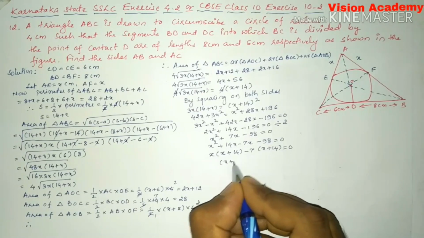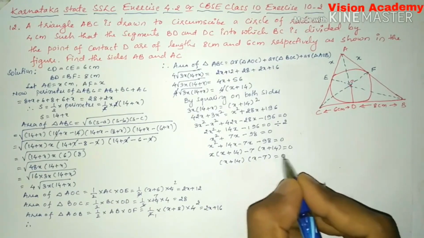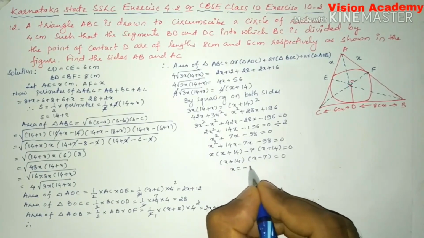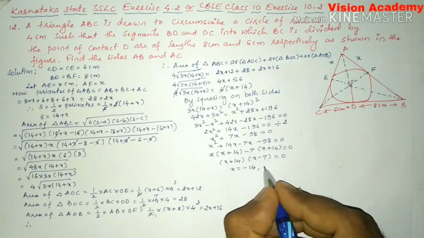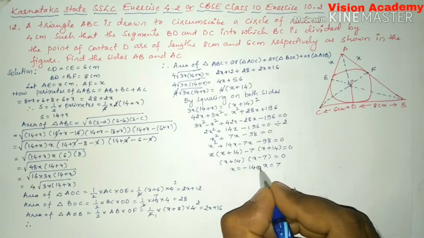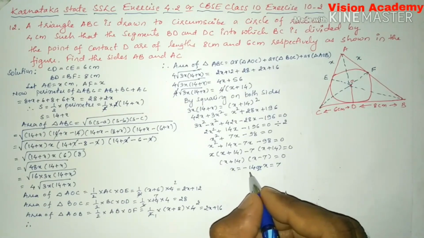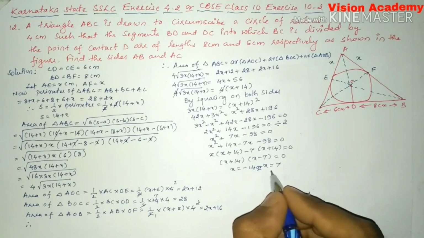Now we'll write x plus 14 x minus 7 is equal to 0. So here x is equal to minus 14 or x is equal to plus 7. Here we are not going to take the negative value of x, we'll take the positive value of x is equal to 7.